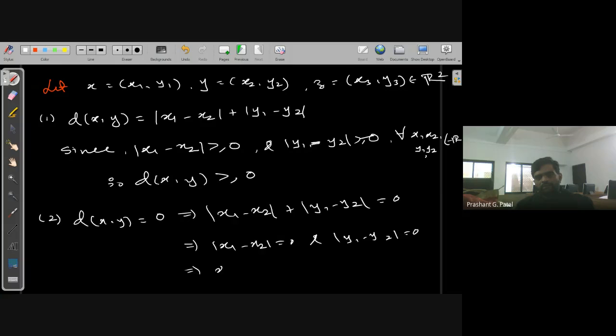So that implies x1 is equal to x2 and y1 is equal to y2, and vice versa. This is if and only if, and this gives you x is the same as y. So that's why the second condition is satisfied.